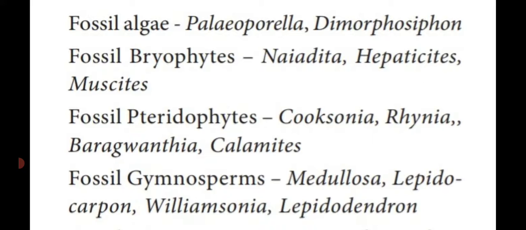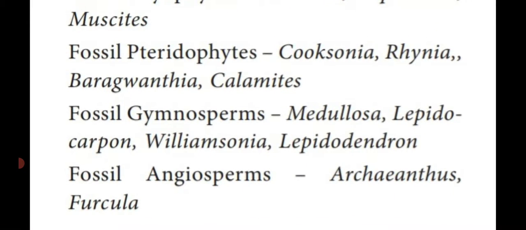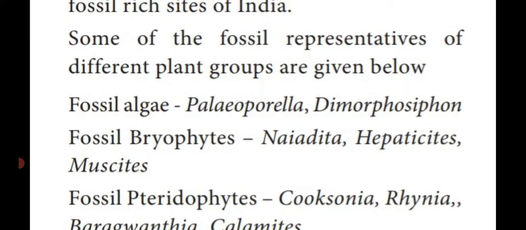Fossil pteridophytes: Cooksonia, Rhynia, Baragwanathia, Calamites. Gymnosperms: Medullosa, Lepidocarpon, Williamsonia, Lepidodendron. Angiosperm: Archaefructus sinensis. These are all different fossil plants that existed million of years ago.